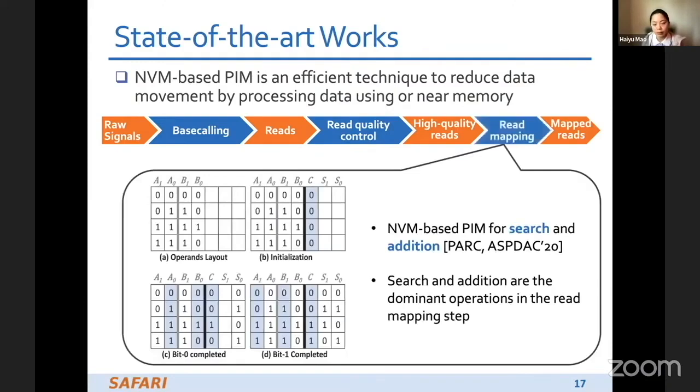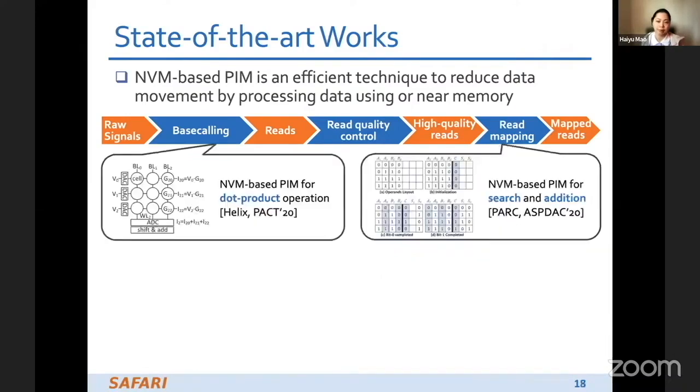The second one: there are also other accelerators for read mapping, since it's also a very time-consuming step inside the whole pipeline. Here is an example where we use NVM-based PIM for the search and addition operations, since search and addition are the dominant operations in the read mapping step. So these are two representative in-memory accelerators for base calling and read mapping.